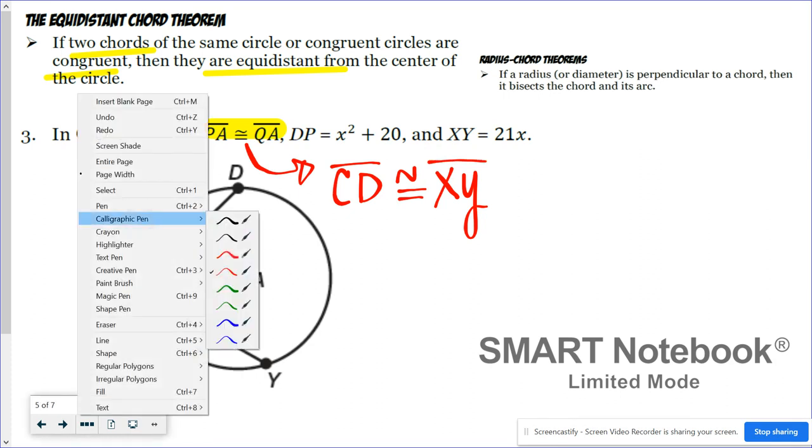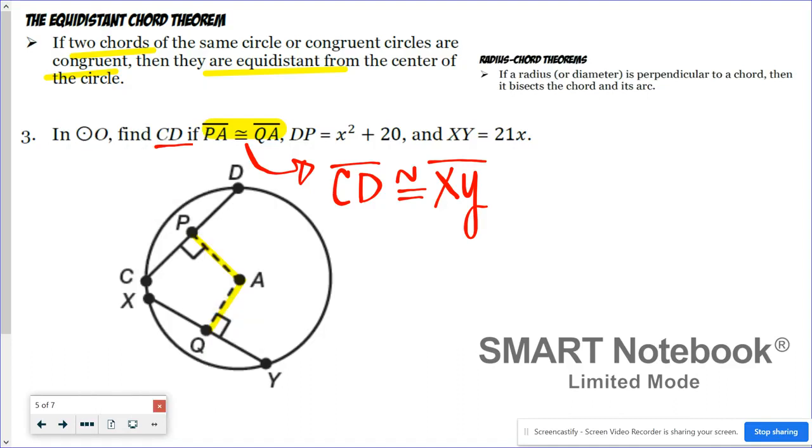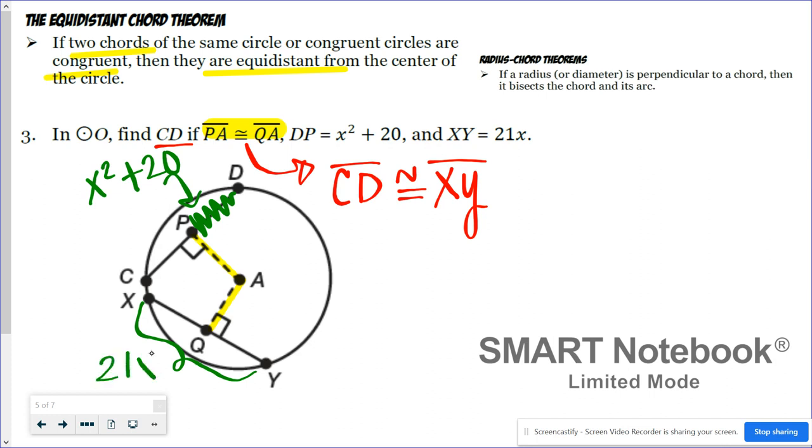So we know a few things. We know that DP is x squared plus 20. So DP is just this part of chord CD, but we do know it's x squared plus 20. And we know that XY is 21x. So XY is the entire other chord. Remember, we know that XY and CD are congruent.